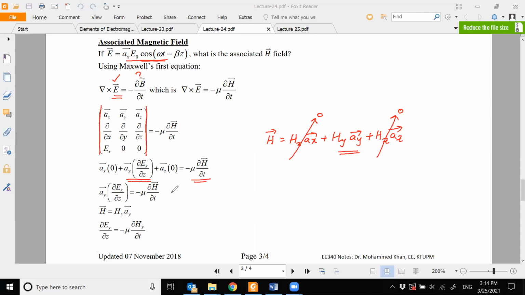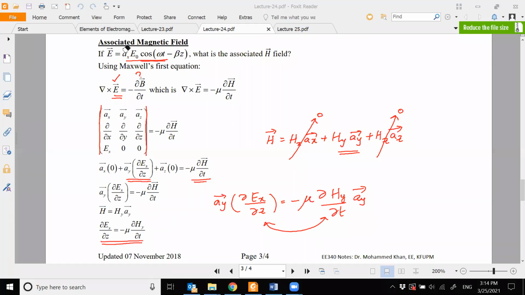And then if I equate it, I will get ay bar dou Ex over dou z is equal to minus mu dou Hy over dou t ay bar. Right? And then when I equate these two, I will get this.